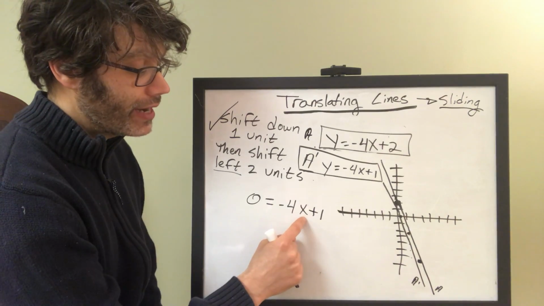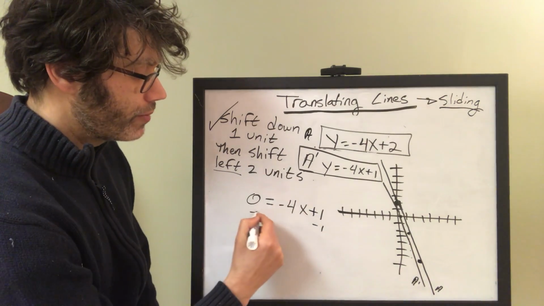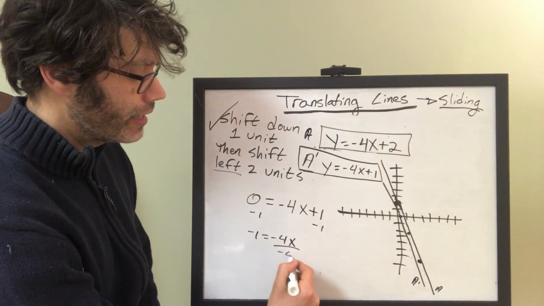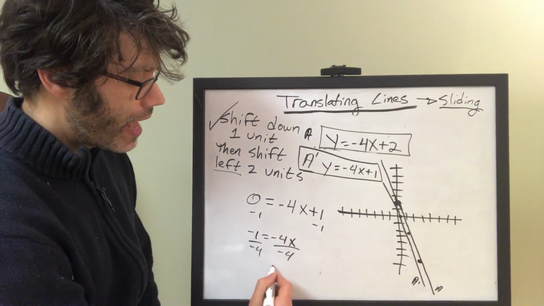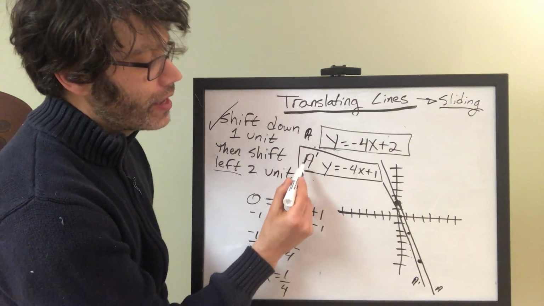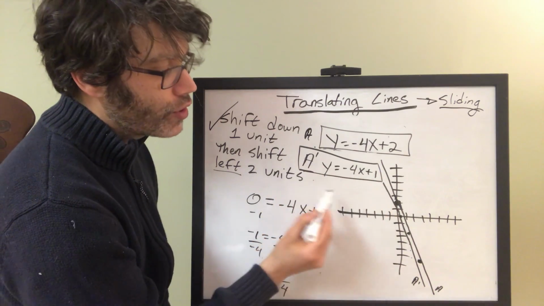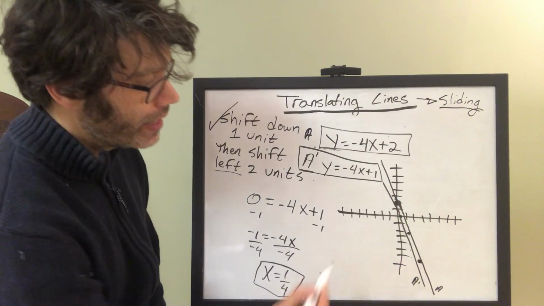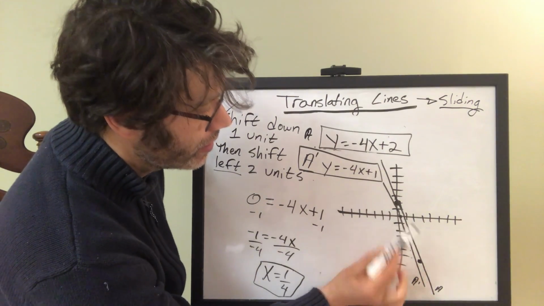Now we just need to figure out what that x is. Okay, so let's subtract 1 from both sides. Negative 1 equals negative 4x. Divide both sides by negative 4, and x equals 1/4. That means the equation of A prime crosses the x-axis where x equals 1/4. Okay, and that kind of looks right there.